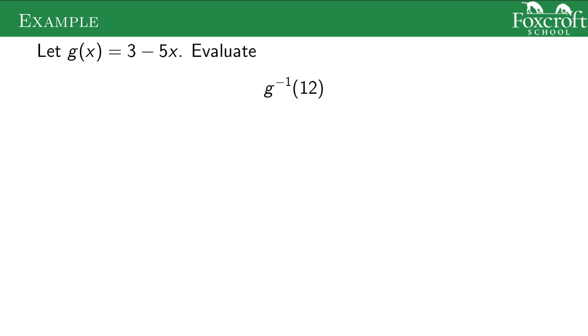Another way to think about it, different than the last example, is just knowing that when I compare this to my original function, this is my y value. And I also know with function notation, g of x equals y. So both these things are representing y, so they have to be equal to each other. So you just go straight from here to this equation, and now I have to solve it.